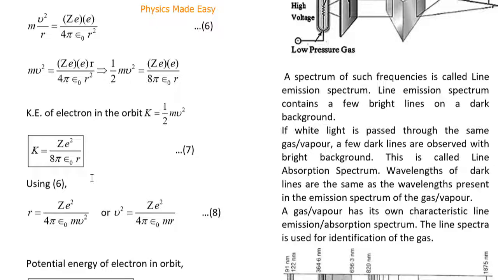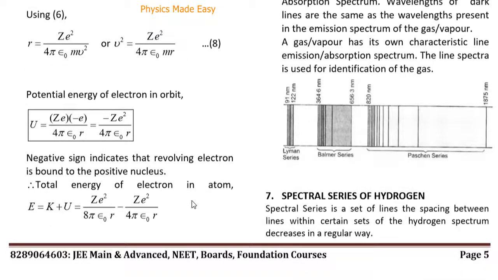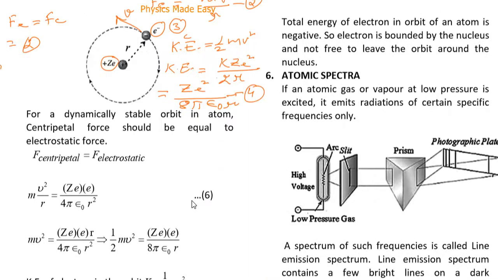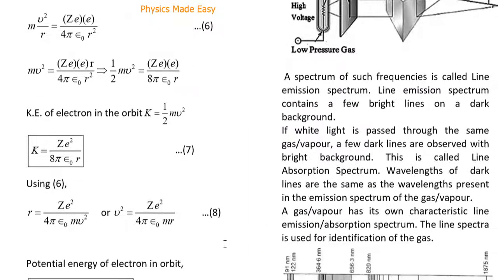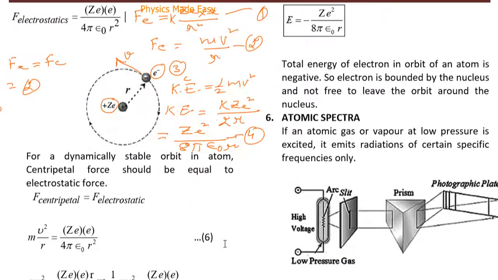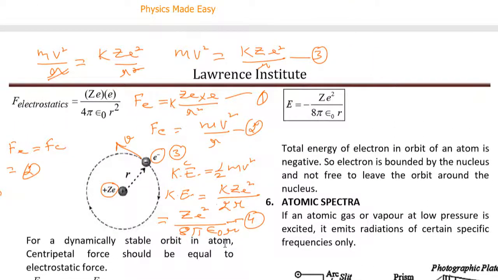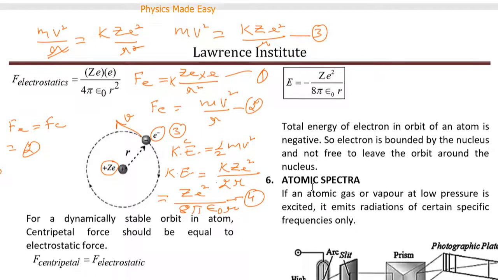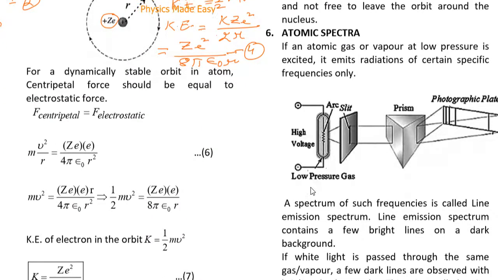On the same lines, we can derive the formula for radius. It's not that tough. Suppose I have to make calculations about the formula for radii. From this relationship, I can even calculate the formula for radii. So the radii will be equal to r.